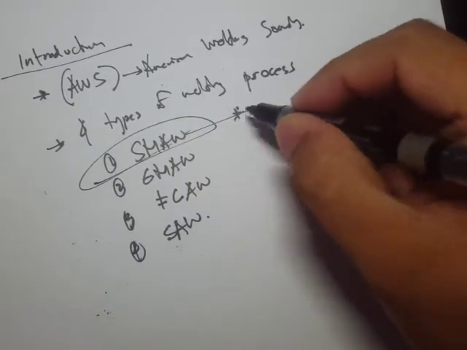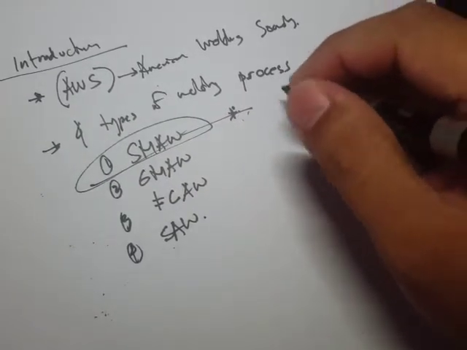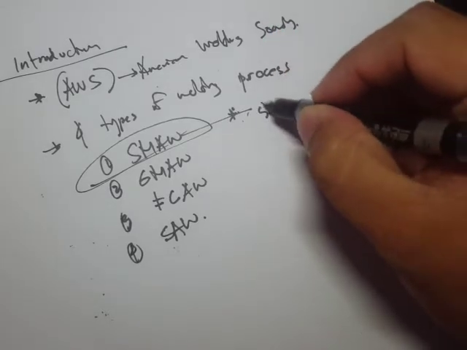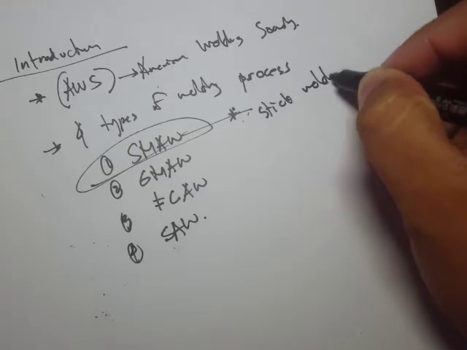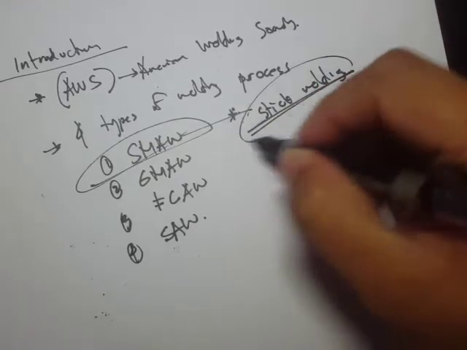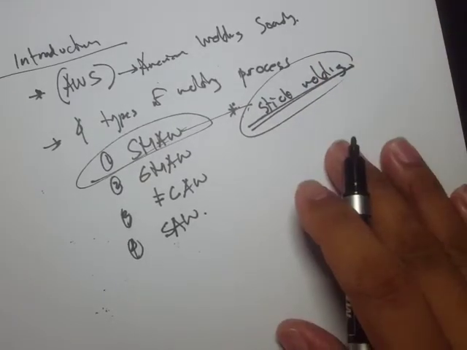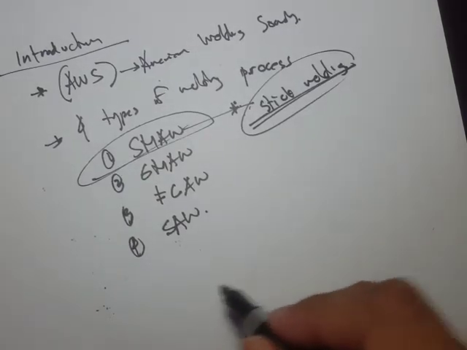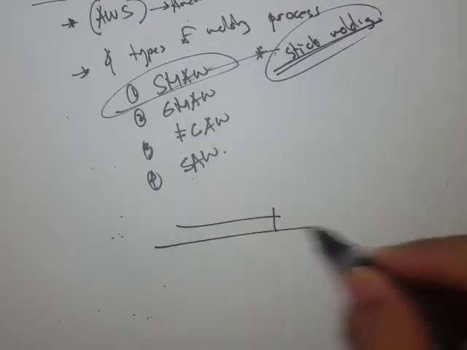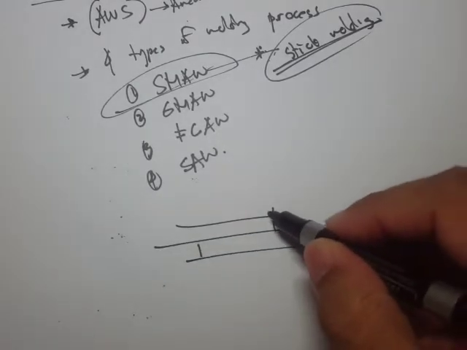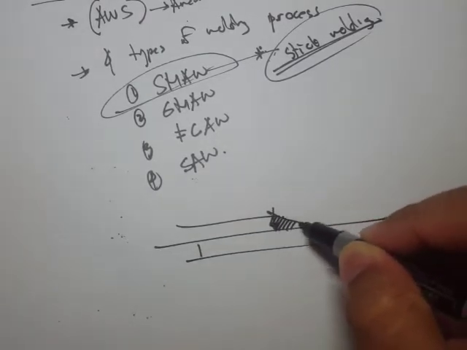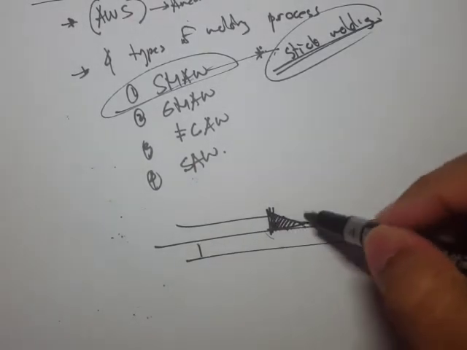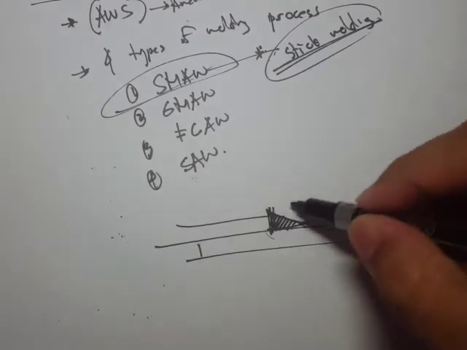This is commonly referred to as stick welding, because there's a presence of an electrode. Now in shielded metal arc welding, let's say this is our material, and we are joining this material through this fillet weld.